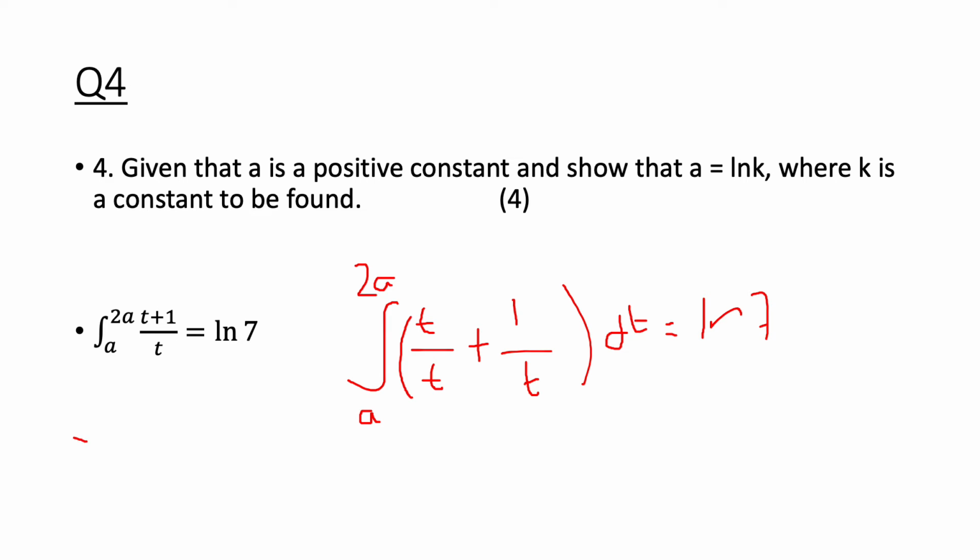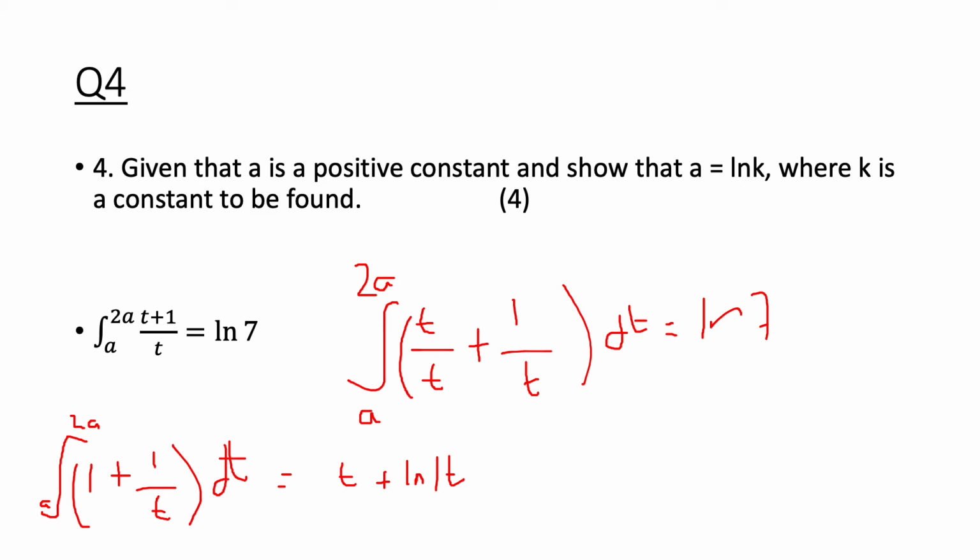Okay, so integrating this, guys, t over t is going to be 1, so 1 plus 1 over t dt from a to 2a. Integrating 1 becomes t. Integrating 1 over t goes to the natural log t.